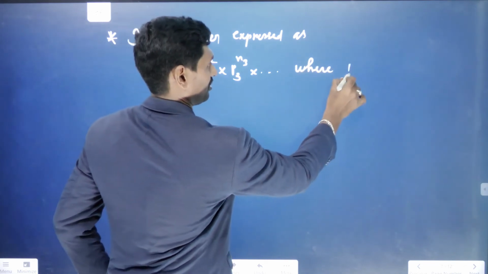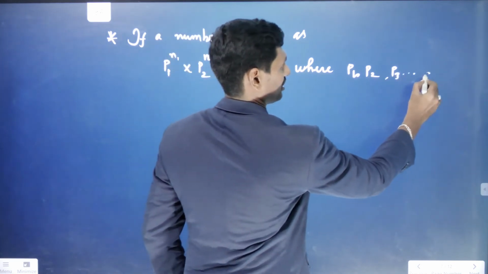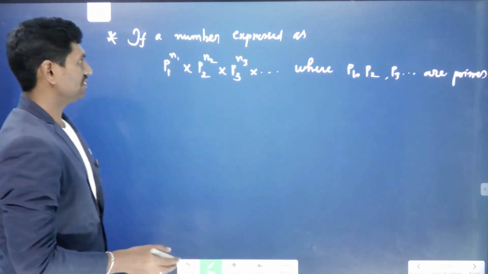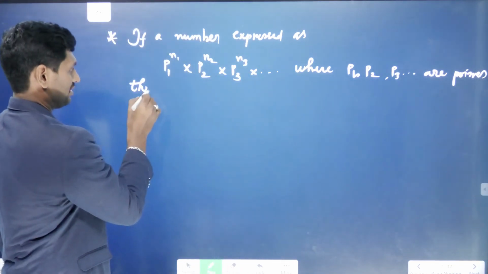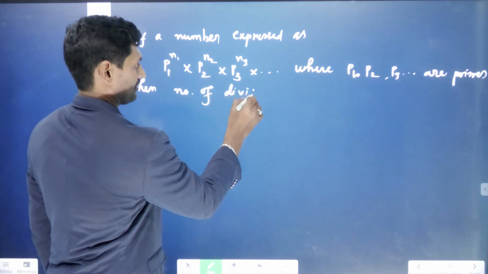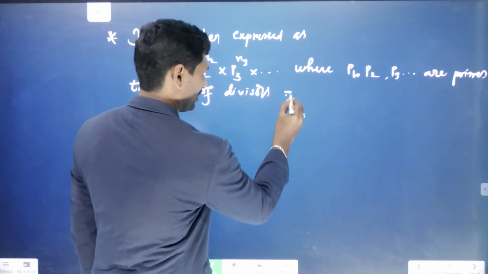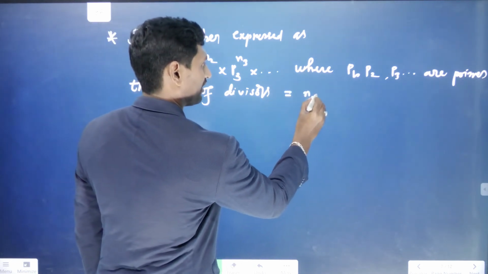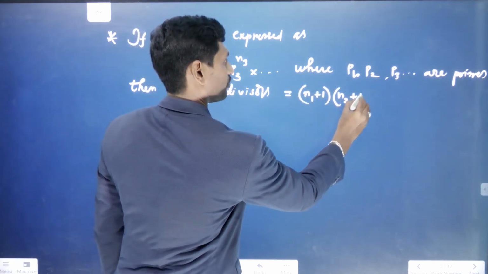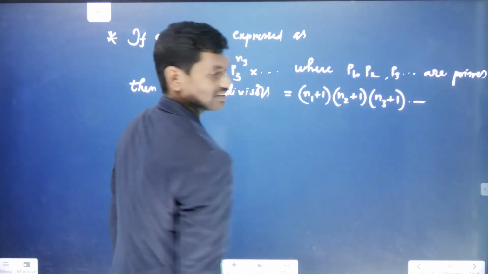Where p1, p2, p3 and so on are primes, then the number of divisors or number of factors equals (n1 plus 1) into (n2 plus 1) into (n3 plus 1) into and so on.